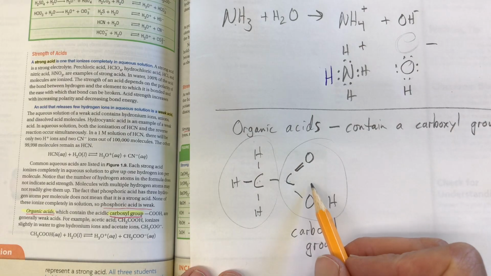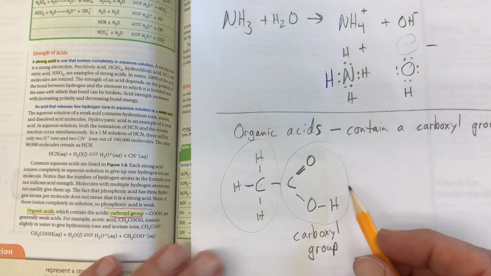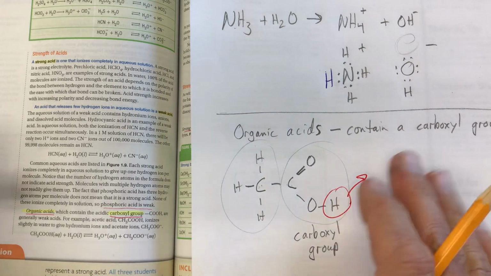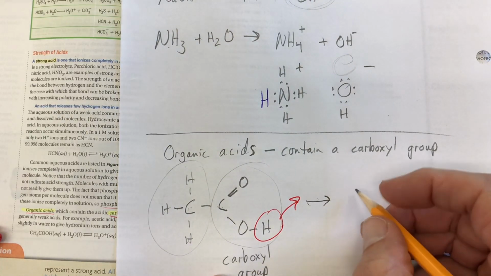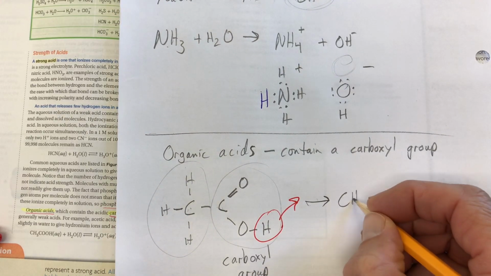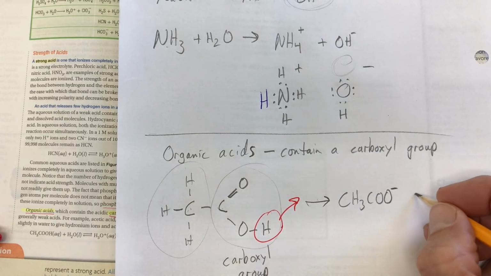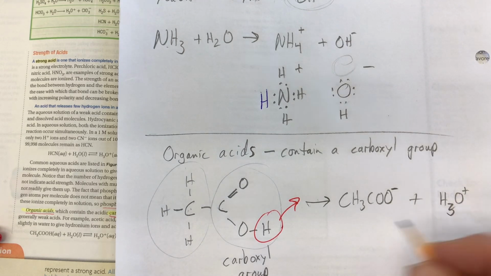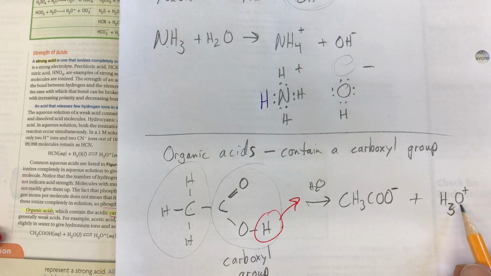Well, this carboxylic acid can lose this hydrogen, and this hydrogen can go away. And when it does, we get the CH3COO, and that's a minus because the hydrogen left and that hydrogen joined the water and formed the hydronium ion.